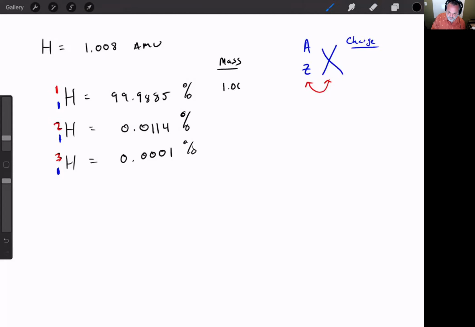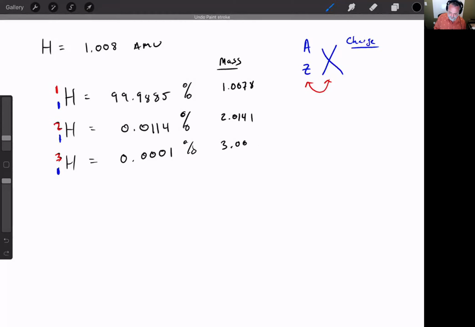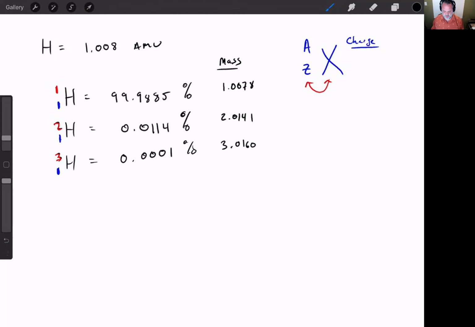It's 1.0078, 2.0141, and it's 3, and I'm going to have to make this one up because this data table doesn't actually have it, 3.0022. And so let's go with that. Oh, actually it does. It is given 3.0160. Excellent.